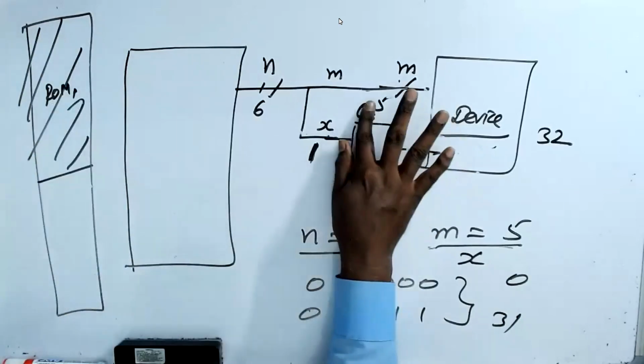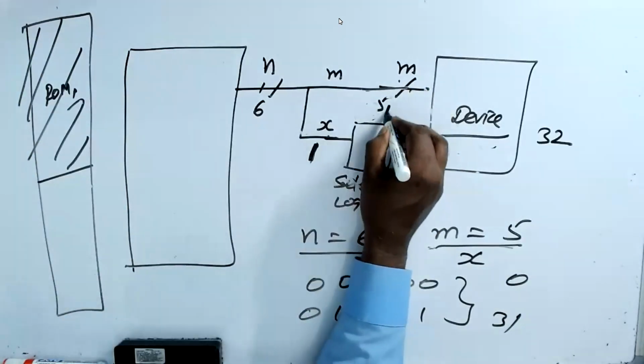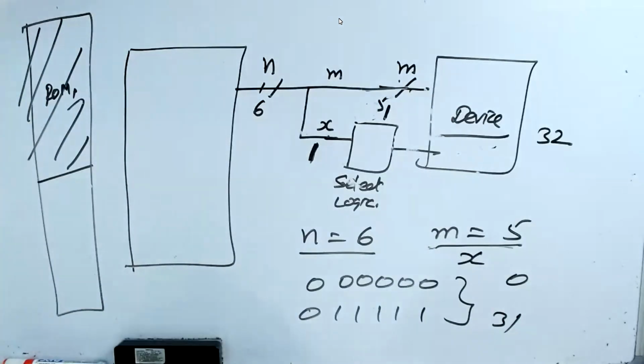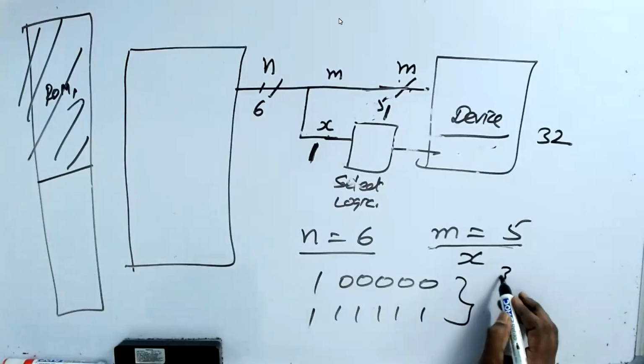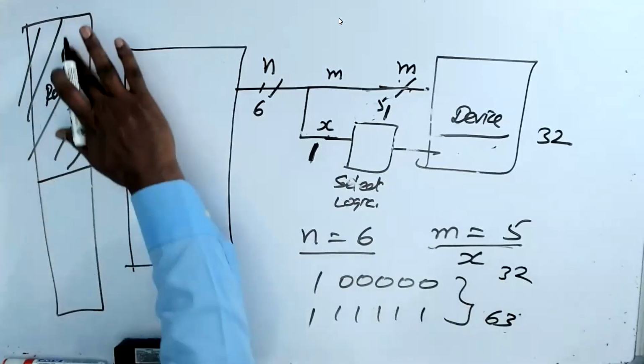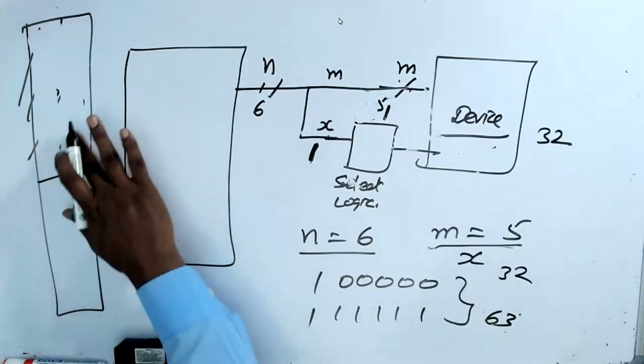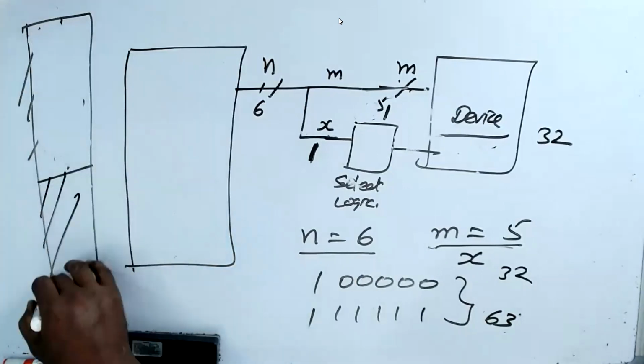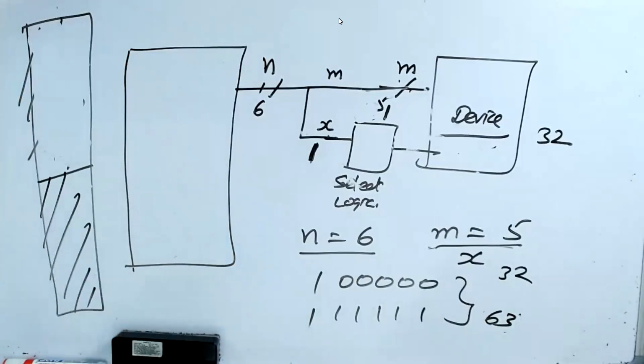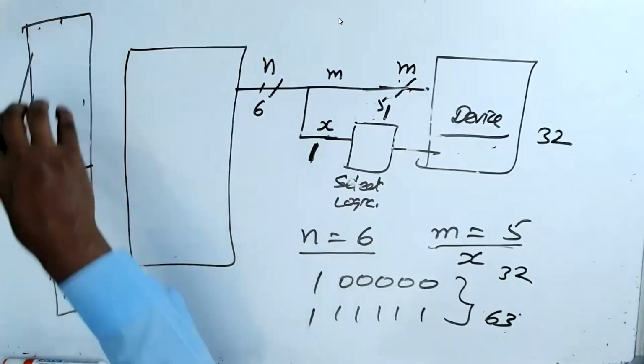Suppose I change the block name to 1. Then this becomes 1, and the address starts from 32 to 63. So this goes to the bottom. If I have a memory, I can put it at the top or bottom.